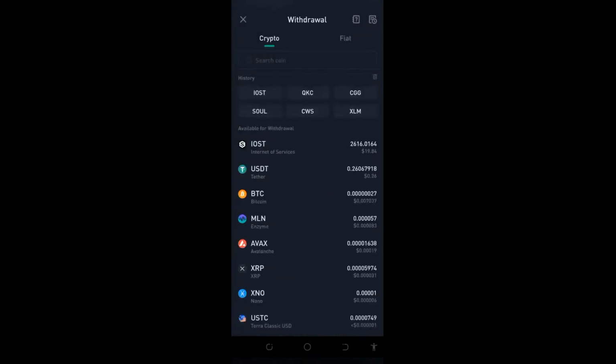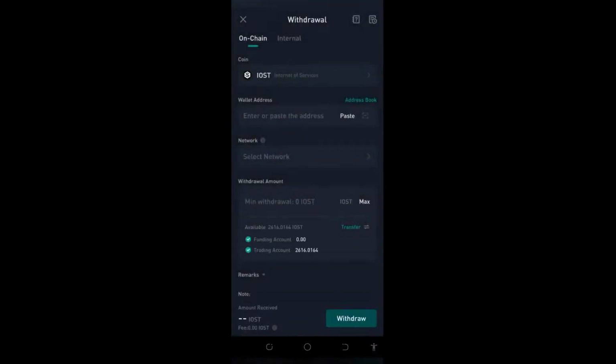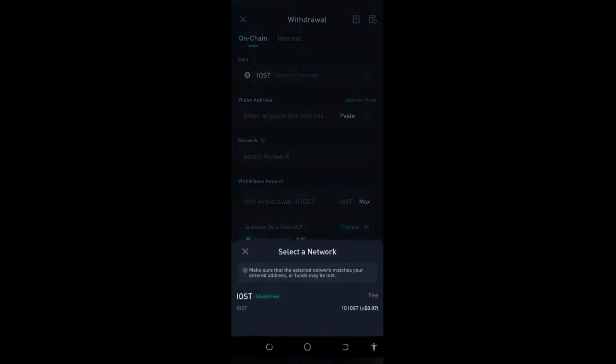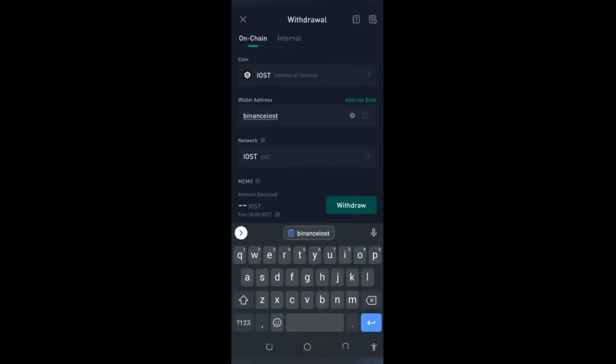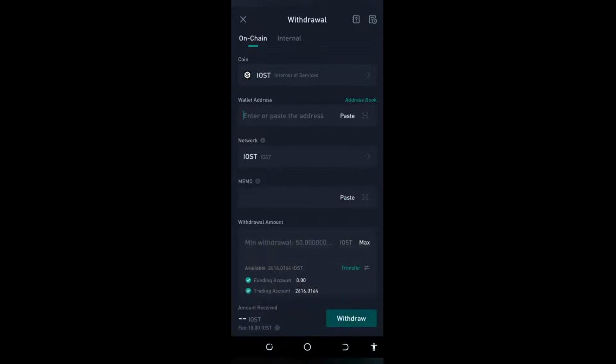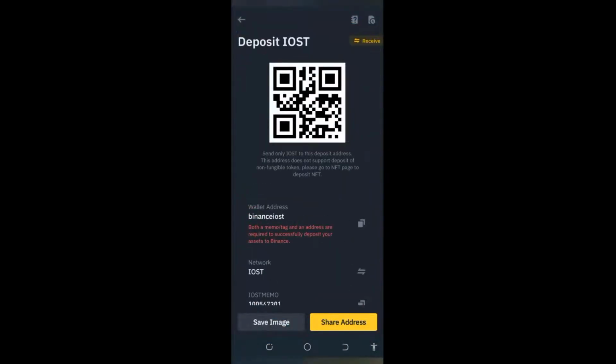So we're withdrawing that quickly. The network is IOST. Yes, IOST. Correct. Where's the address? Okay, so I was looking for the address. That's it. Sorry, I think I copied the wrong thing. Let's go back and copy the right thing.